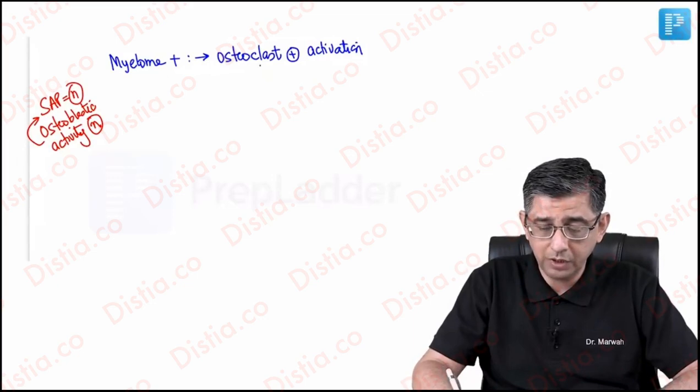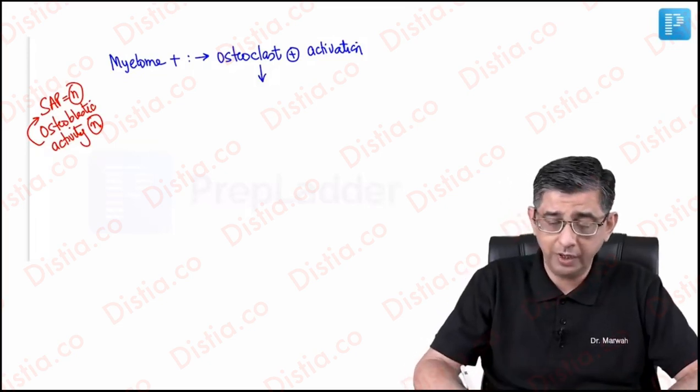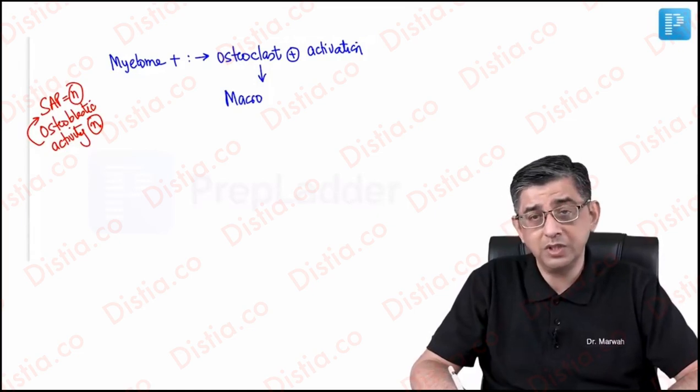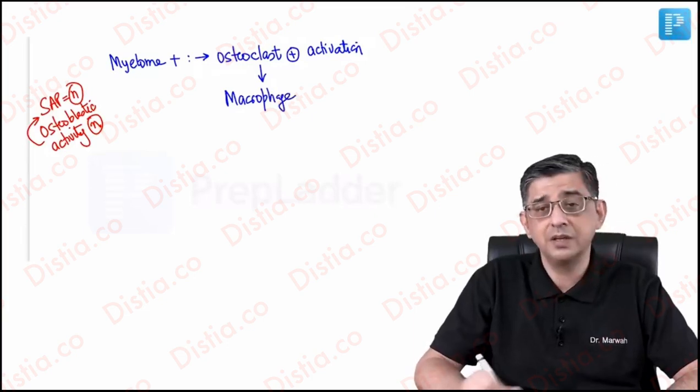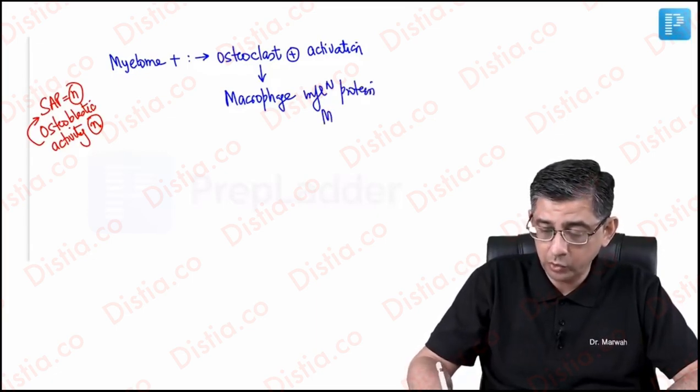And they will ask you what is the cytokine which is actually the main villain being produced here. The cytokine being produced here, as you would have read even in pathology books, is MIP-1 alpha. The full name is macrophage inflammatory protein, and this is the main culprit which contributes to bone damage.